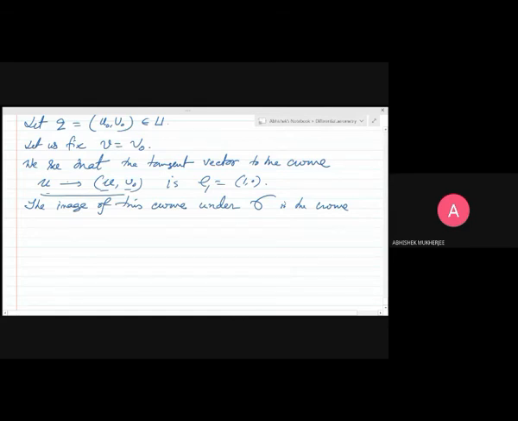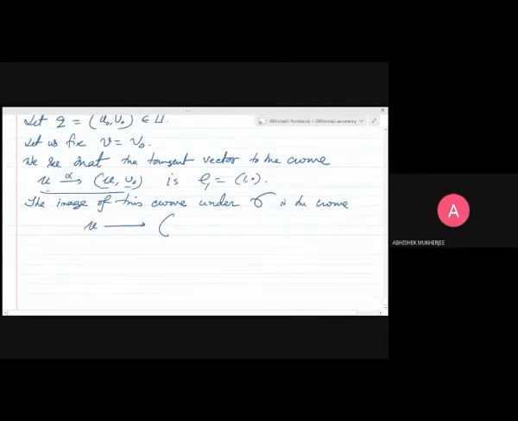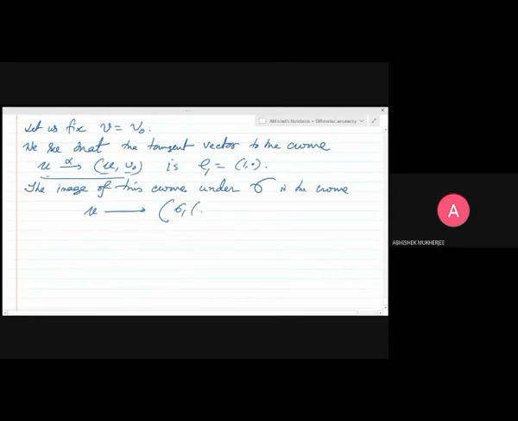If you let it be alpha, then the image under sigma will be sigma compose alpha, right? So that means it is a curve u goes to (sigma 1 (u, v naught), sigma 2 (u, v naught), sigma 3 (u, v naught)), right?